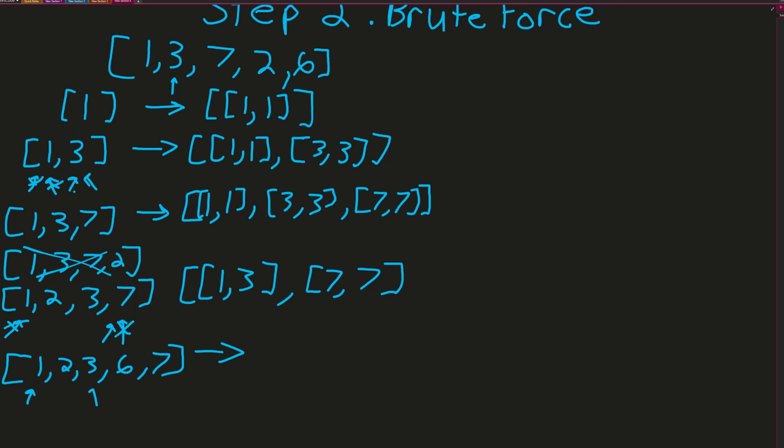We'll end up with a pointer getting to 6, noticing 6 doesn't come after 3, which means our first interval must be 1, 3. And then we'll move this start pointer to here. And we'll eventually move the end pointer to 7. We'll see that 7 is the end of the list, so then our second interval must be 6, 7.